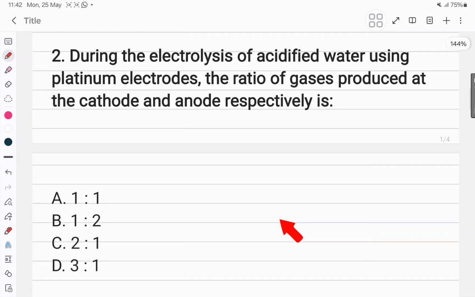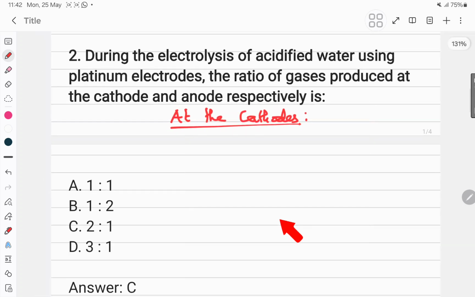Now, during the electrolysis at the cathode, the ions that will migrate to the cathode are hydrogen ions. So when the hydrogen ions get to the cathode, each will gain 1 mole of electron to form a hydrogen atom.